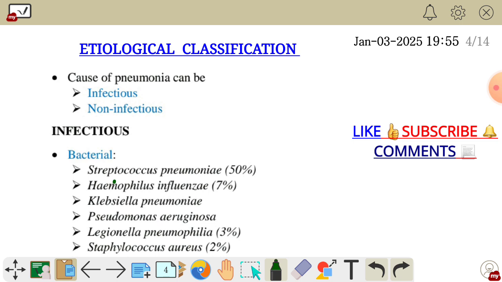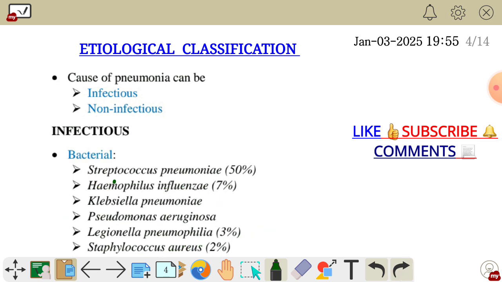Bacteria, we already mentioned this. We have several bacteria which can cause pneumonia, such as Streptococcus pneumoniae. That is 50% of this infection. And then we have Haemophilus influenzae, which might cause 7%, and we also have the others as we mentioned earlier.